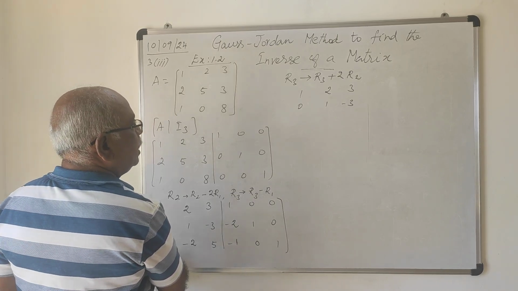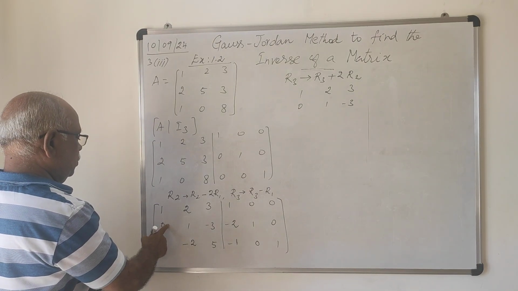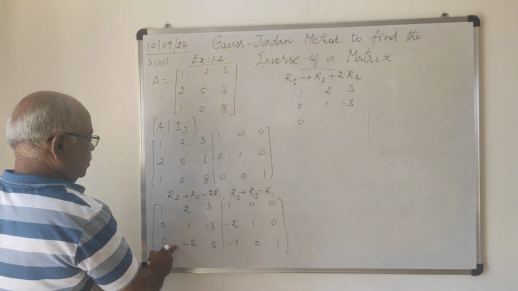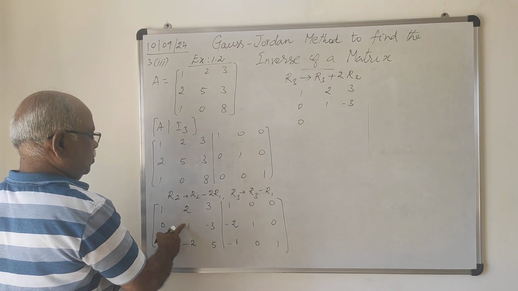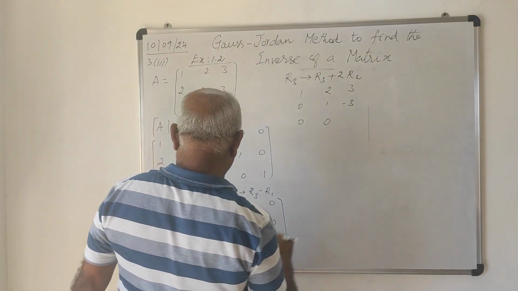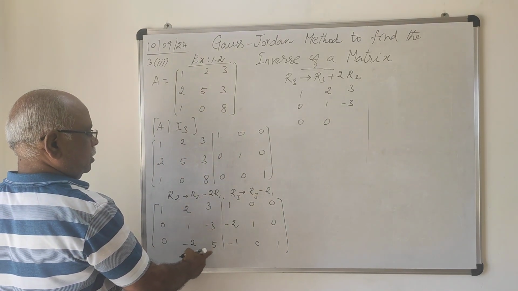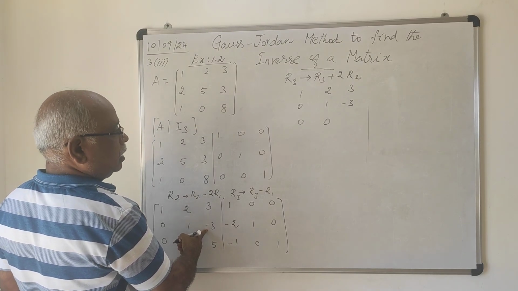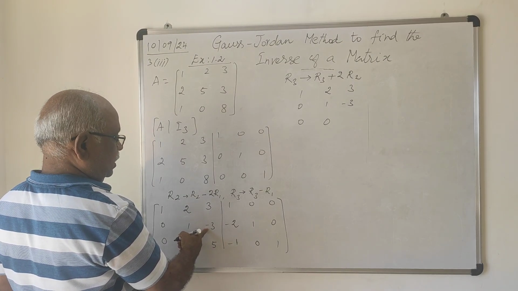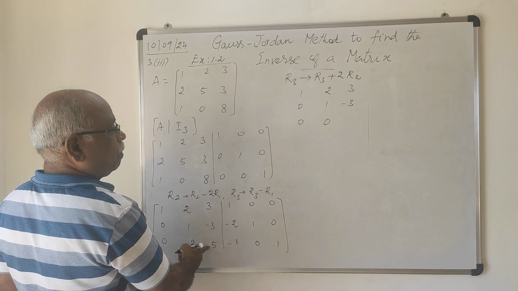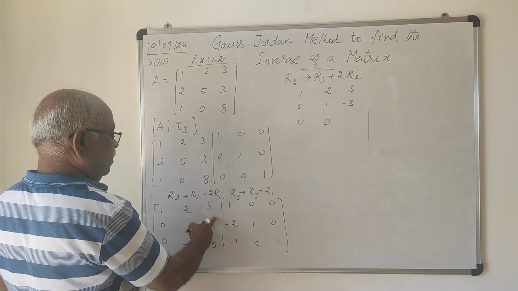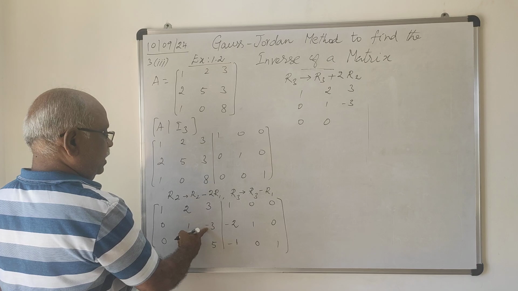R3 is plus 2 times R2: 0 into 2, 0, 0 plus 0, 0. Minus 2 plus 2, 0. 5 plus 2 times R2, 2 times minus 3 is minus 6, so this is minus 1.